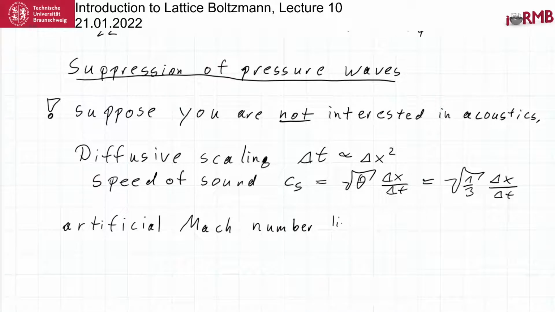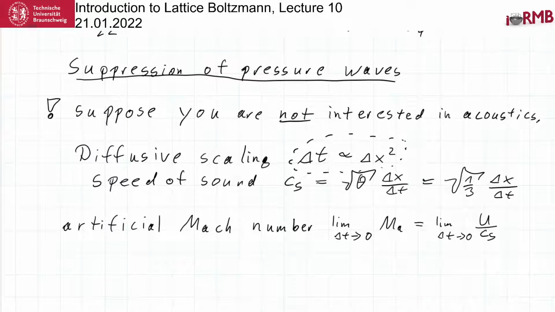So artificial Mach number, this we get by looking at the limits delta t equal to 0 for the Mach number. This is the asymptotic limit, the time step going to 0, under this constraint that the time step is proportional to the grid spacing square, which then means that delta t goes to 0.